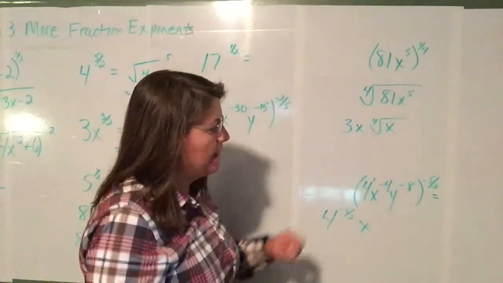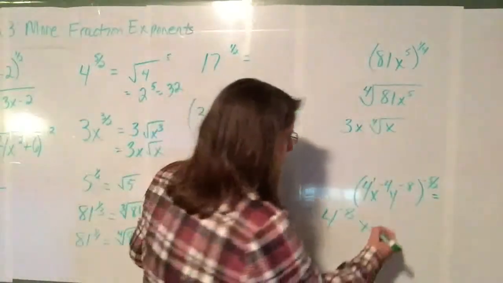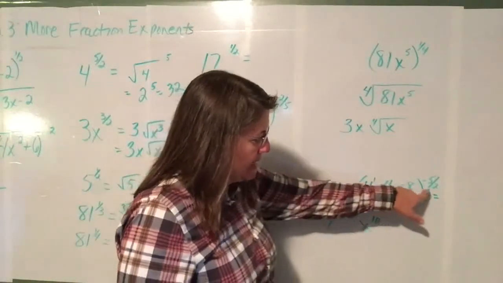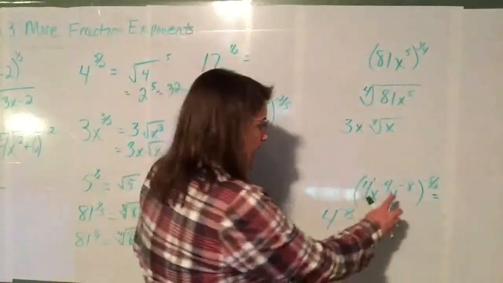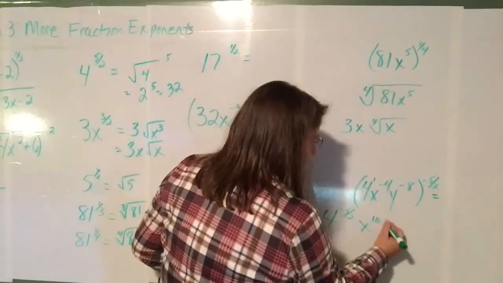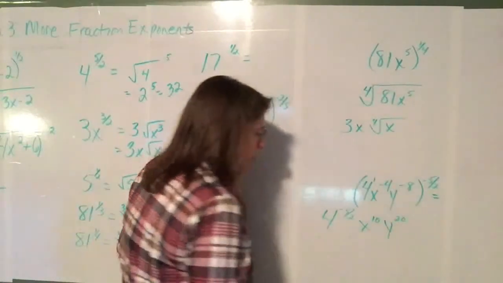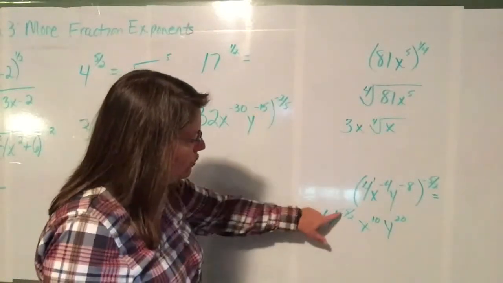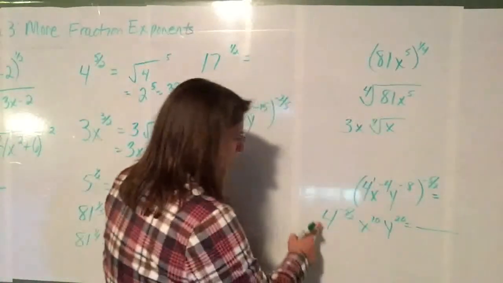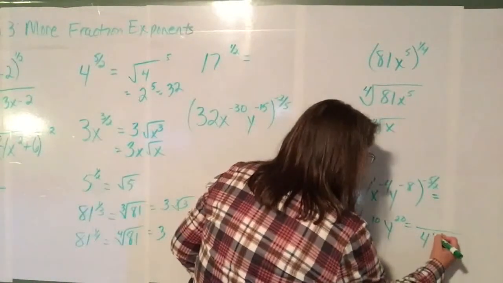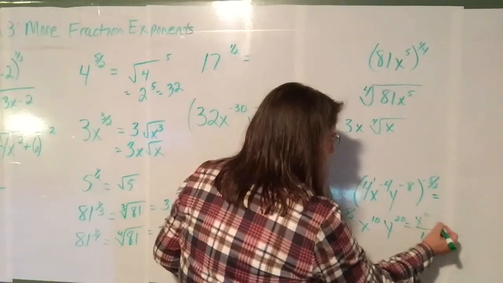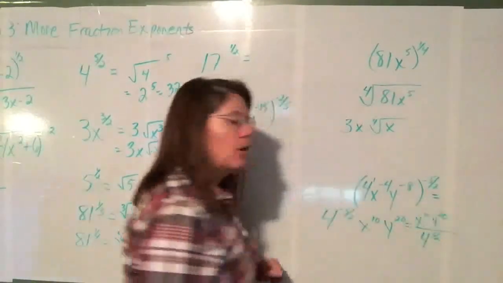Well, that is going to be a positive 20 over 2, or a positive 10. And then y, and we've got negative 8 times negative 5/2. Negative 8 times negative 5 halves, that would be a positive 40 over 2, so that would be y to the 20th power. And then since that 4 is to a negative power, we do need to write that on the bottom, so that would be 4 to the 5 halves on the bottom, and then the x to the 10th, y to the 20th would be on the top.